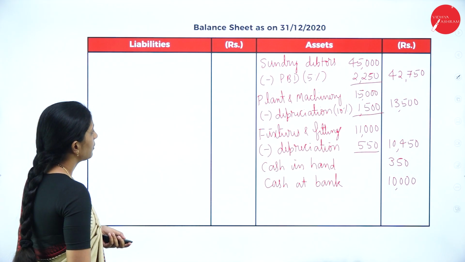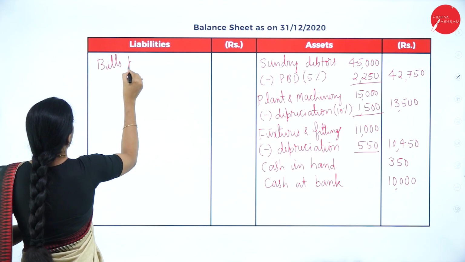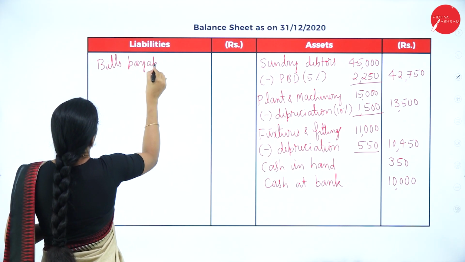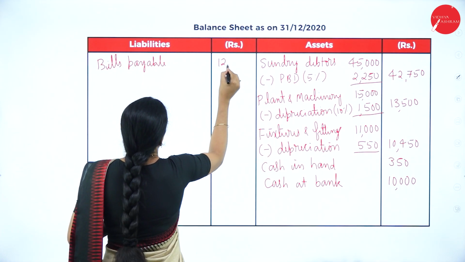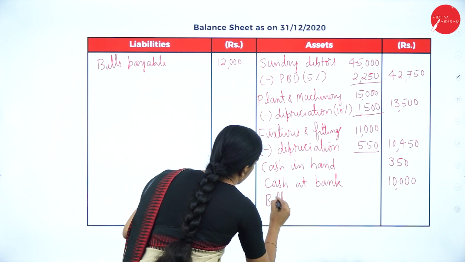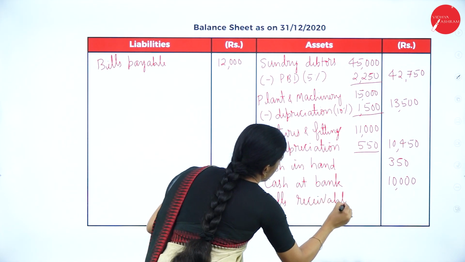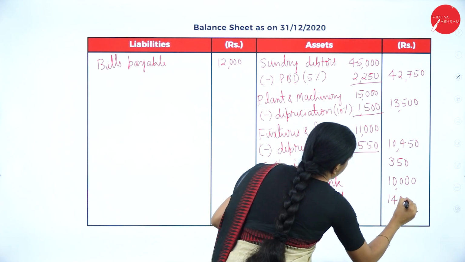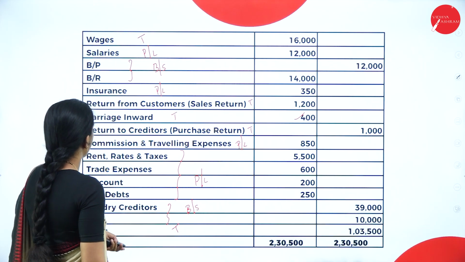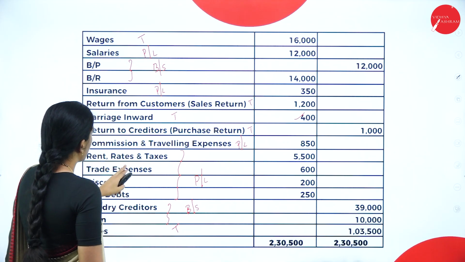Bills payable 12,000. Bills payable is a liability. Bills receivable is an asset, 14,000. After bills receivable and bills payable, next what do you have in your balance sheet?